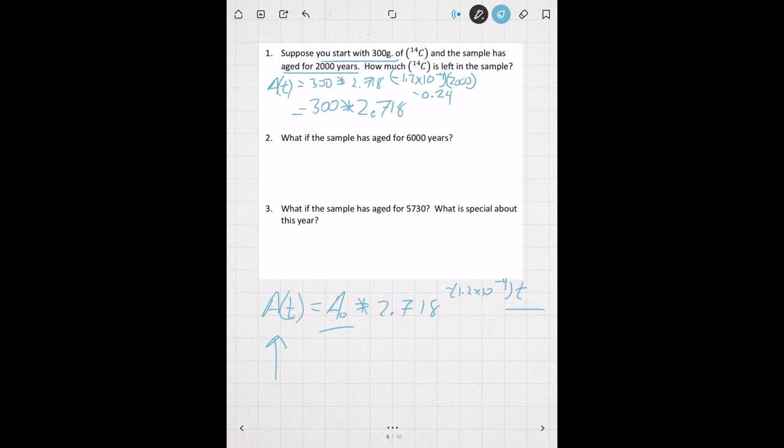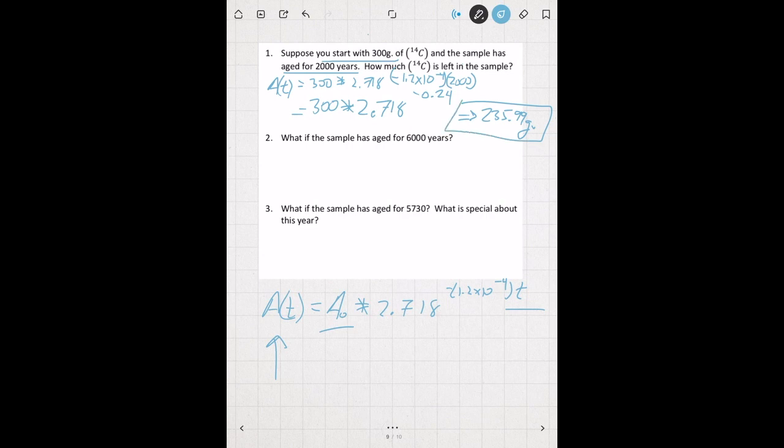Well, if I take 2.718 to that power, and then multiply that by 300, I'm going to end up with 235.99 grams. This is how much radiocarbon we're left with.